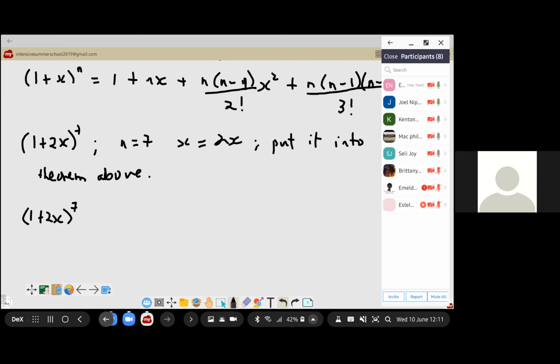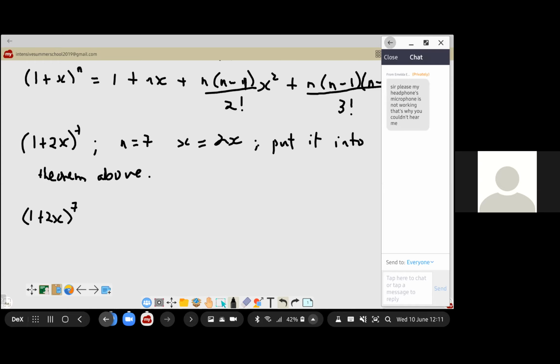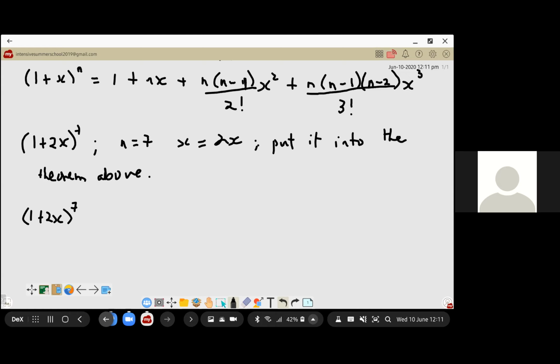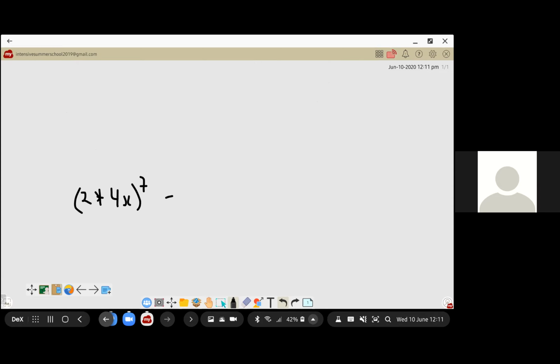Yes, this formula you can use to work with positive integers. But if you have something like (2 + 4x)^7, we can't apply it straight away. First, we have to write it in the form 1 plus 4 by 2, which gives us (1 + 2x)^7.